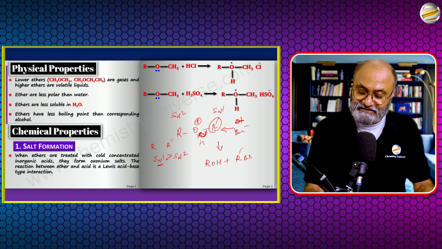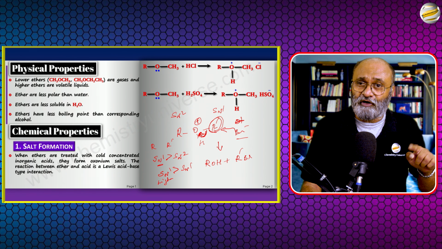So this bond breaks immediately, you get a carbocation and then you have Br minus attacking it. Now if both of them are capable of showing SN1, which means I'll have SN1 and SN1, then the higher SN1 wins. So that bond will break.